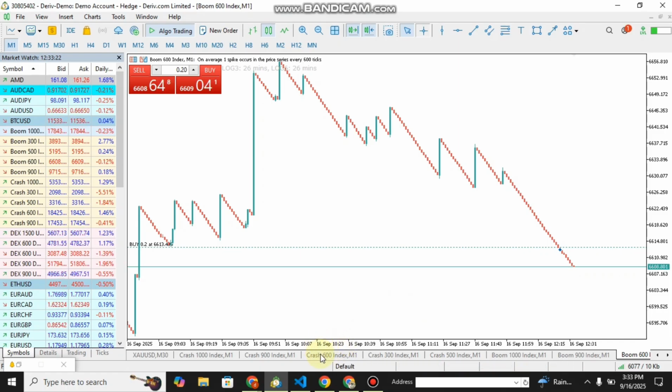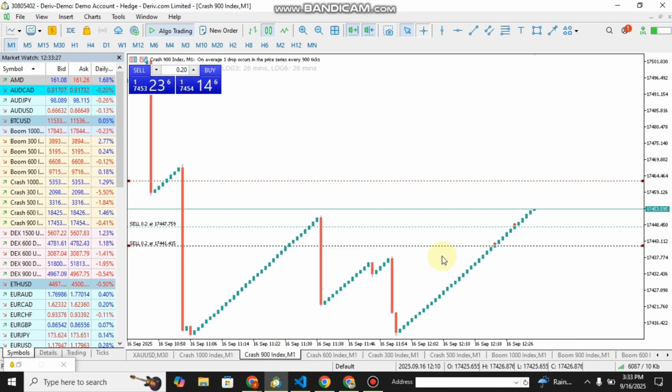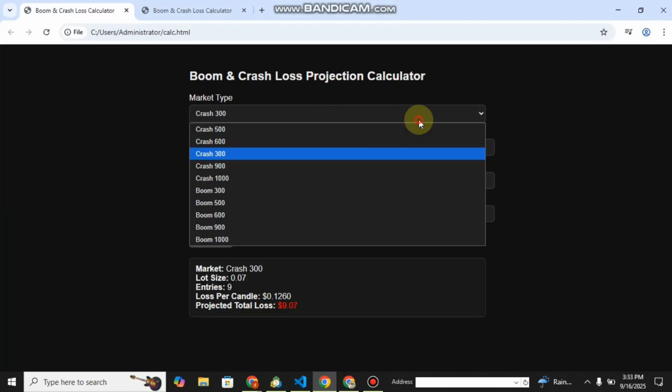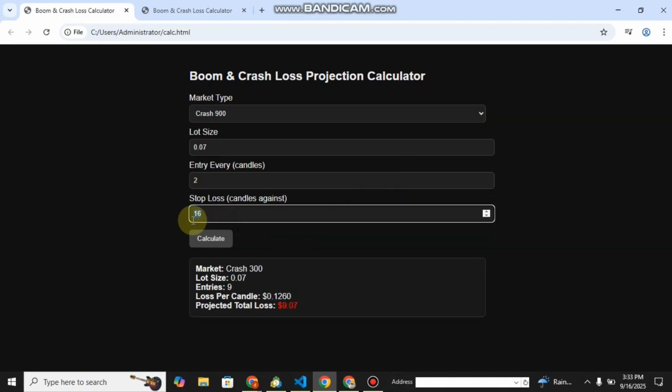I would like to use this as the example. The stop loss here was 12, Crash 900. So we select Crash 900 and we put here the stop loss was 12 candles.